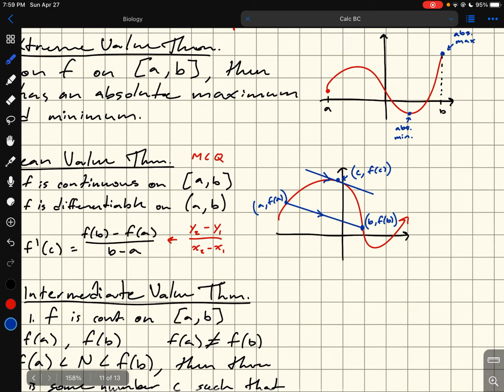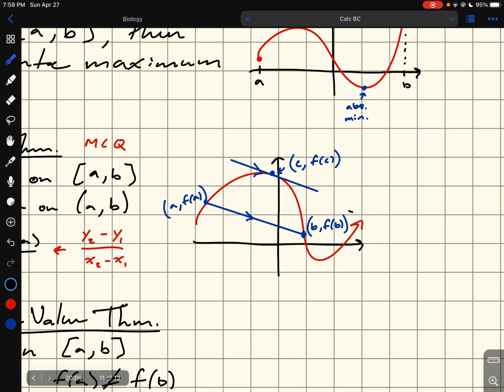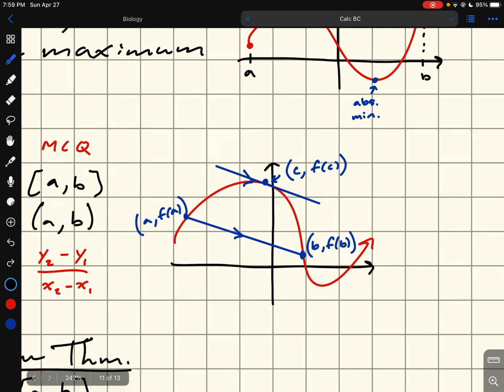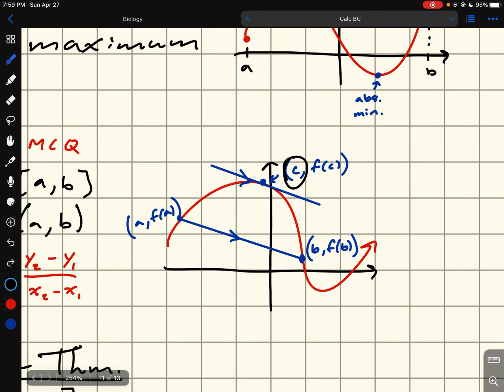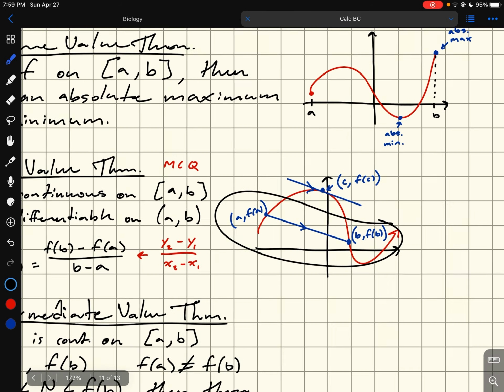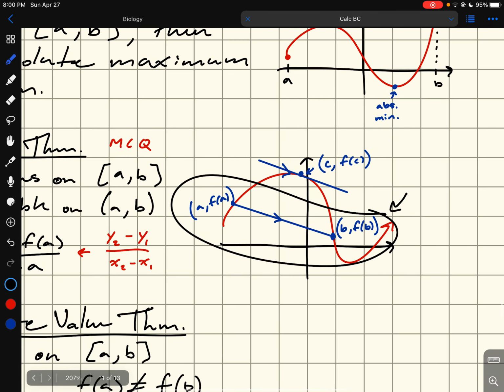So that's what the mean value theorem is. You have a slope between 2 points. There's some value c on this function where you put this c into the derivative and you get the same slope as the slope between these 2 points.